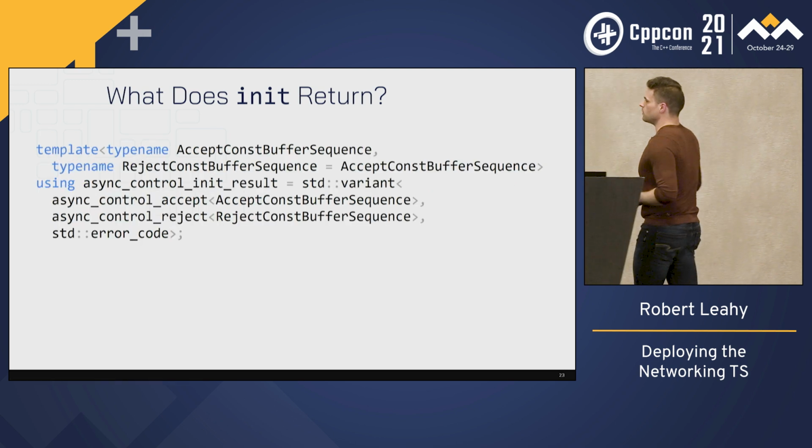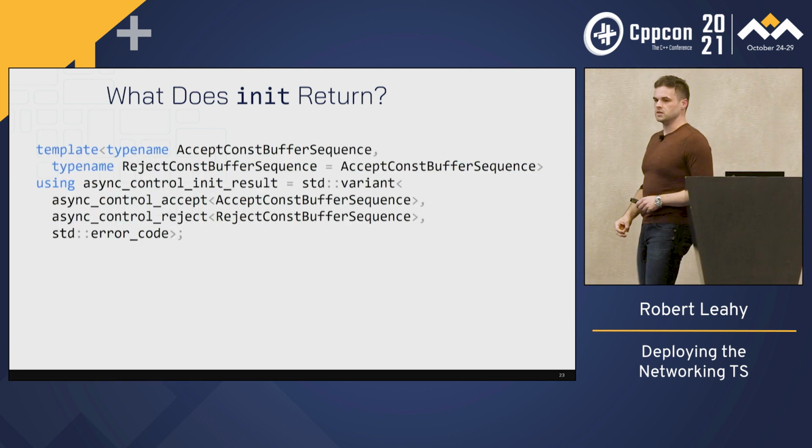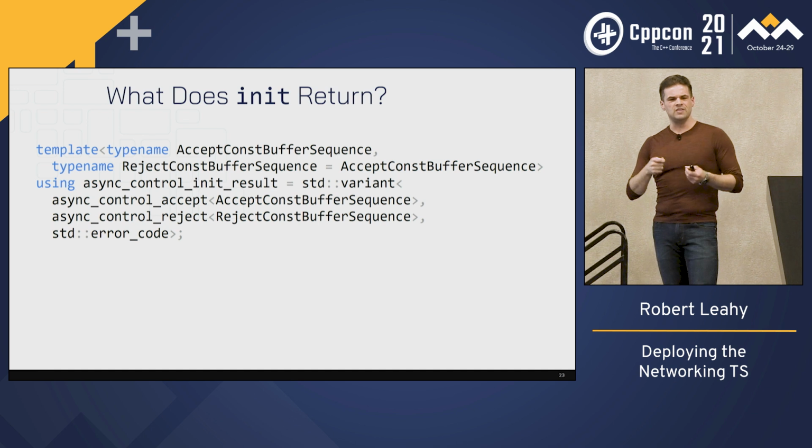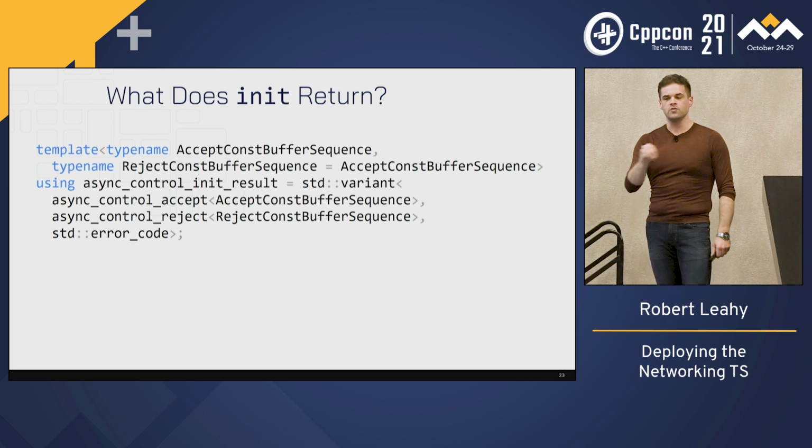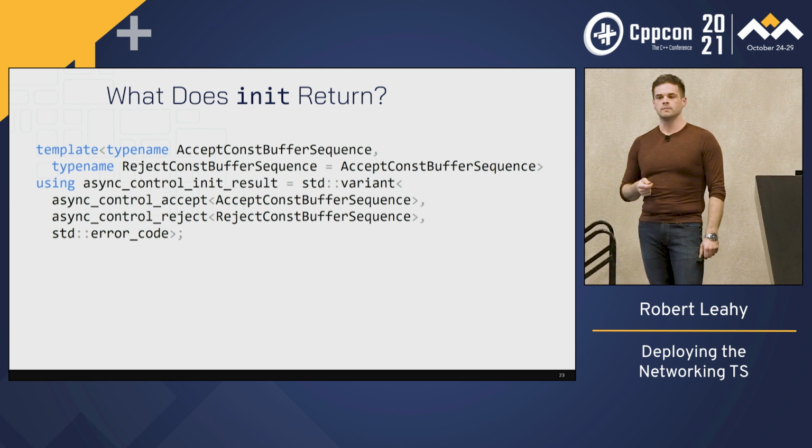Unless, of course, we wrap them in a variant, and so that's exactly what we do. But accept and reject aren't really the only outcomes that we can imagine. We can imagine initialization encountering an error so bad that the entire connection needs to wind down, that the query underlying this needs to be destroyed. And so we add a third alternative. We add error code.